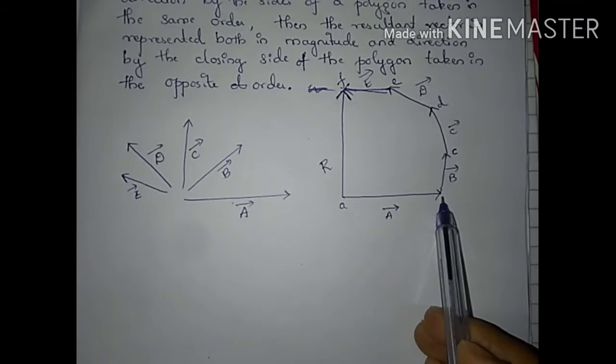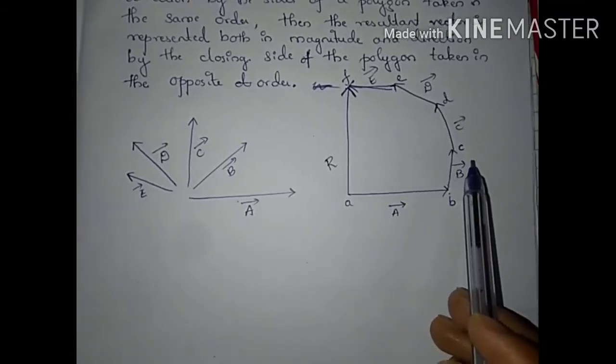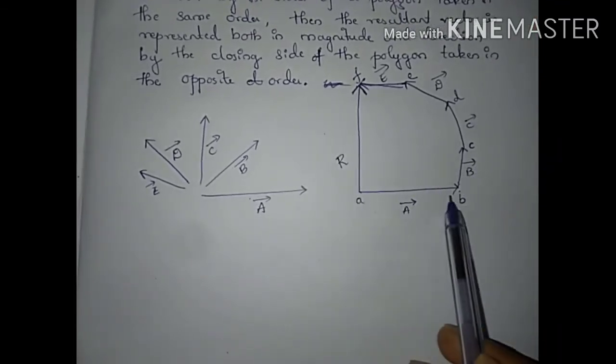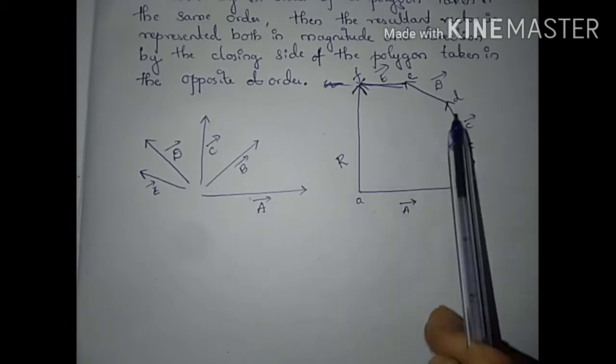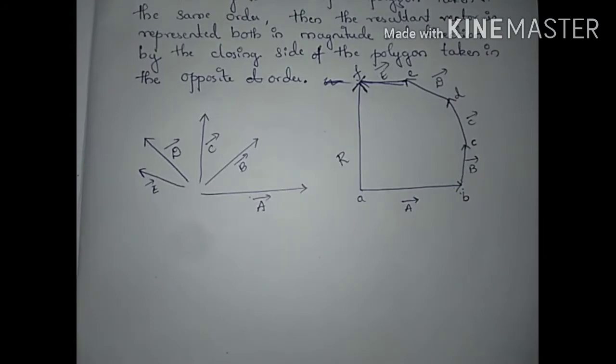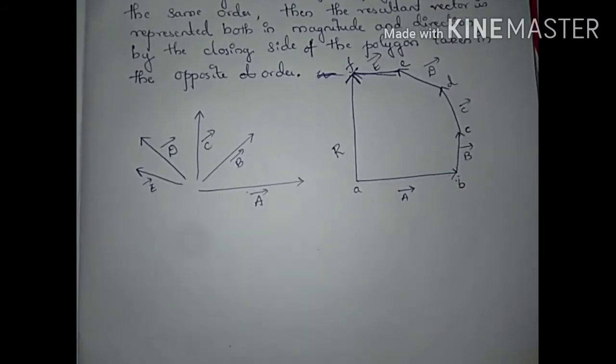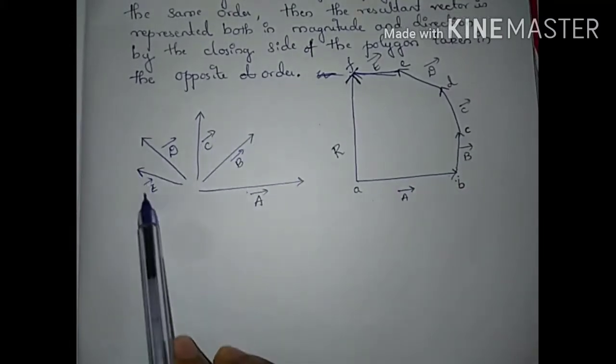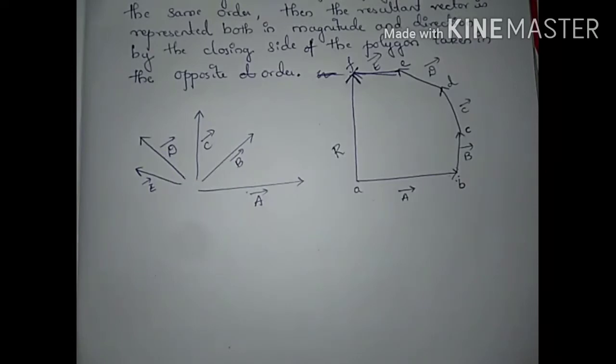So all the vectors are drawn in a particular order: vector A, vector B, vector C, vector D, vector E, and R forms the resultant vector. Basically you have 5 vectors in different directions, and all these 5 vectors are arranged in an order to find the resultant vector.